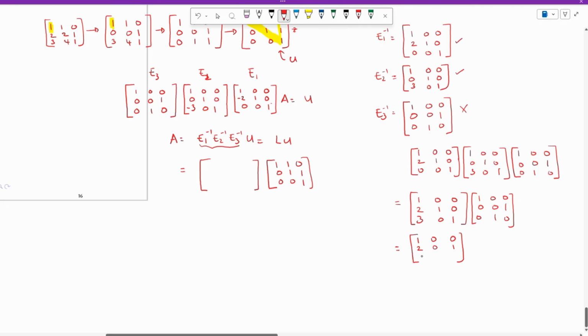Well, 3 times the first row and 1 times the second row. Here.